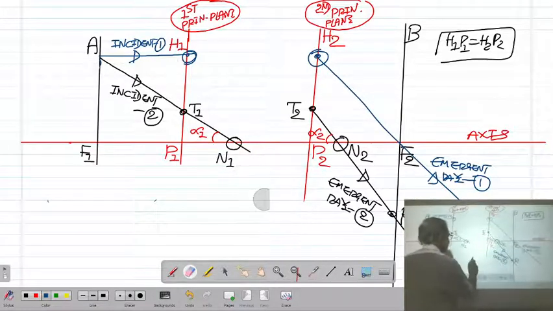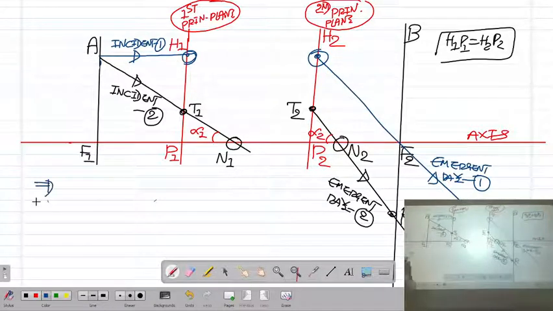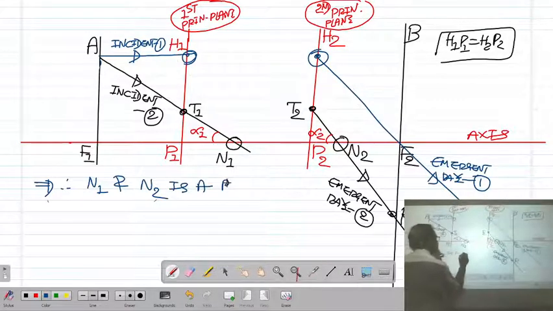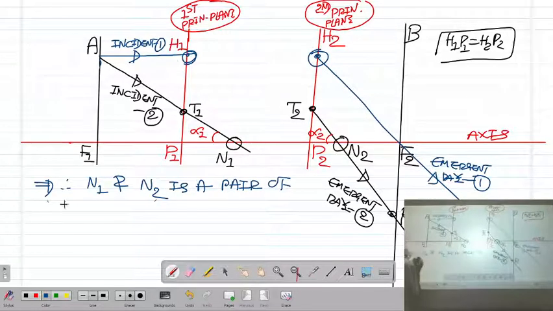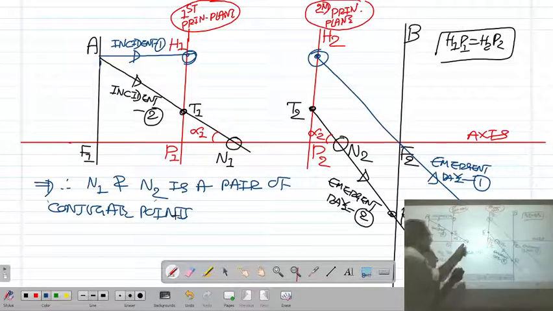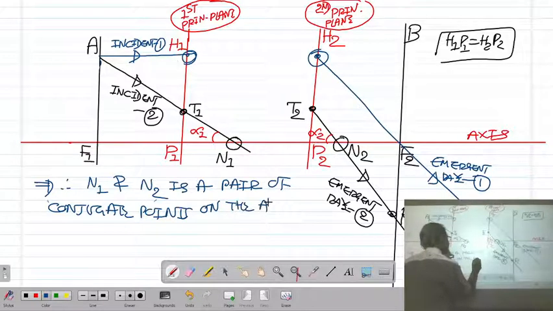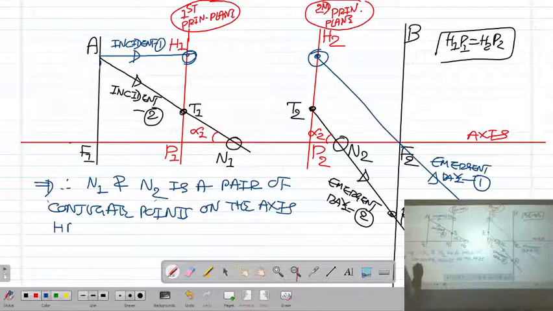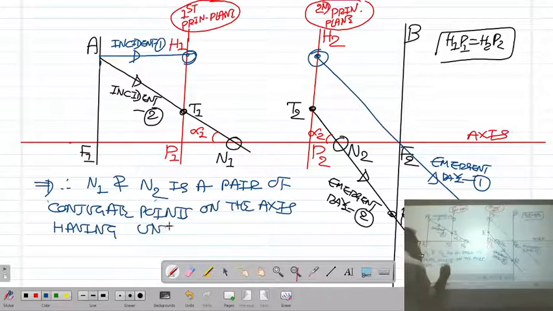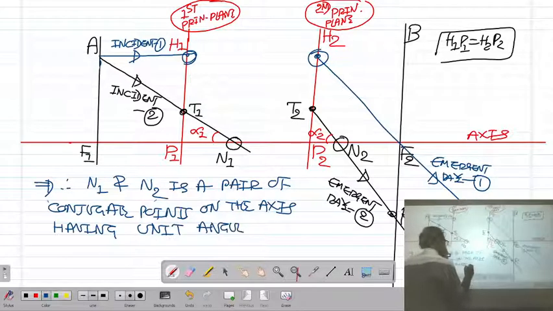Finally, write the characteristics of these nodal points. Therefore, N1 and N2 is a pair of conjugate points on the axis having unit angular magnification.